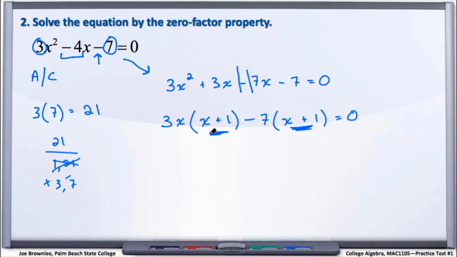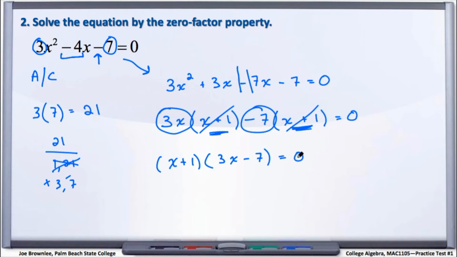Well, they do, so we're on the right track. We'll take the factor that's inside the parentheses, pull it down, and that cancels out. When we cancel out the factor in the parentheses, all we're left with is a 3x and a -7. So that's going to become our second factor of our original quadratic.